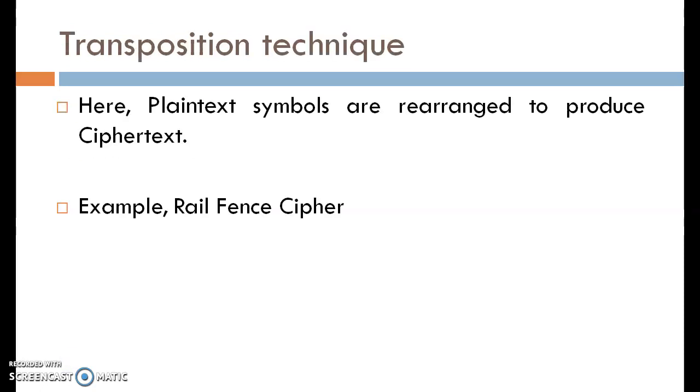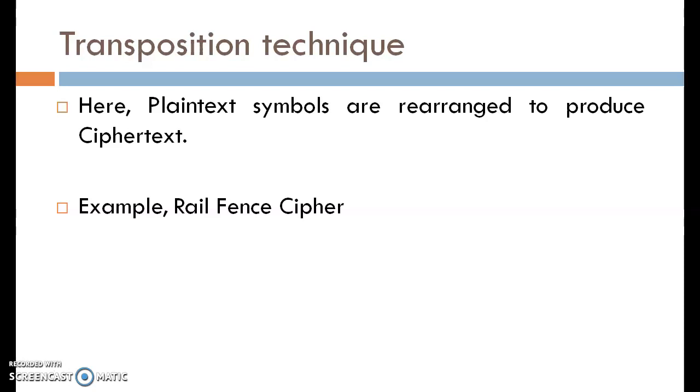Now, first topic, transposition technique. So, what do you mean by the transposition technique and how does it differ from the substitution technique? Transposition technique is a kind of technique where the plaintext characters or plaintext symbols are rearranged to produce the ciphertext letters. Means we are reordering the letters of plaintext to find the corresponding ciphertext and to encrypt the message.